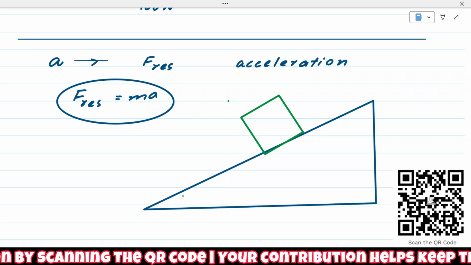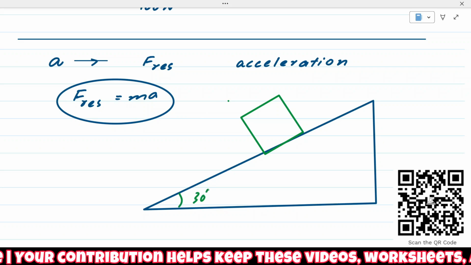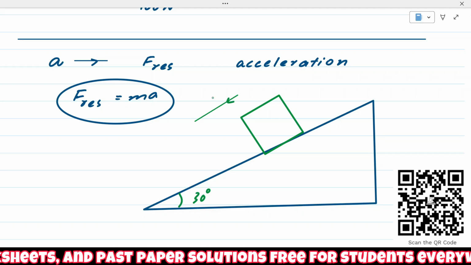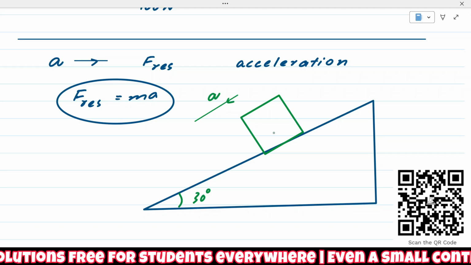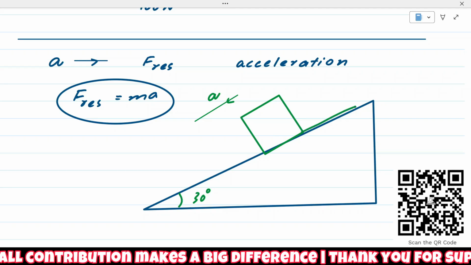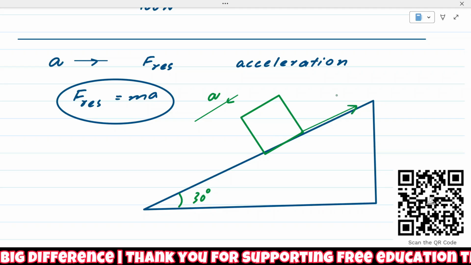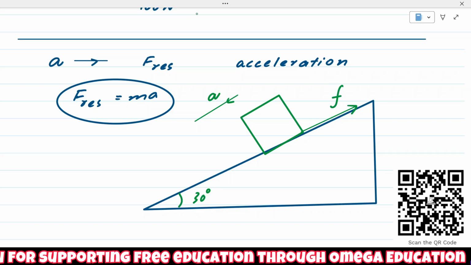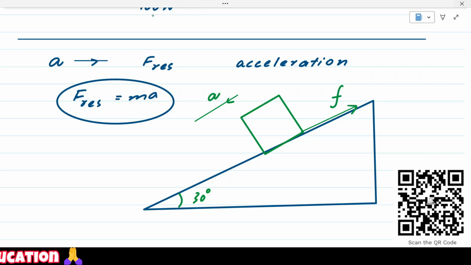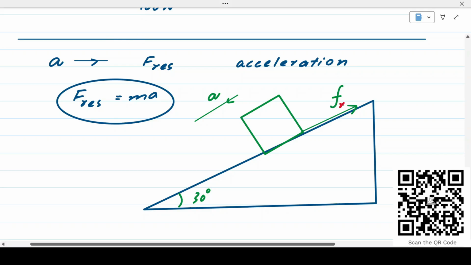The given angle theta is, let's say, 30 degrees. The object is accelerating down the slope, so the friction would be up the slope. This is a rough surface, so the friction is up the slope, and this one would be friction.